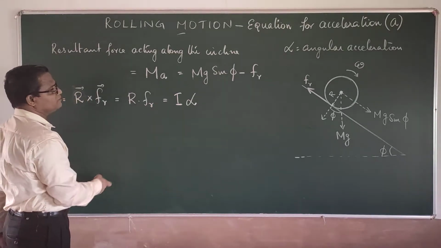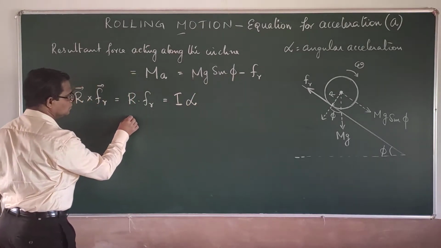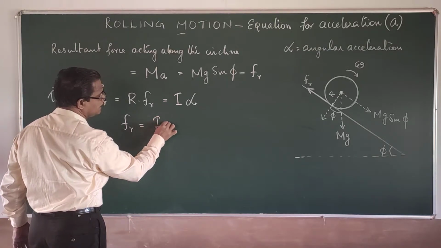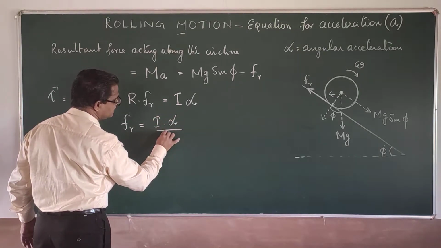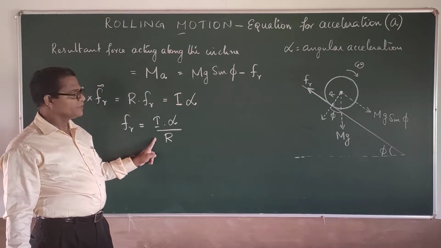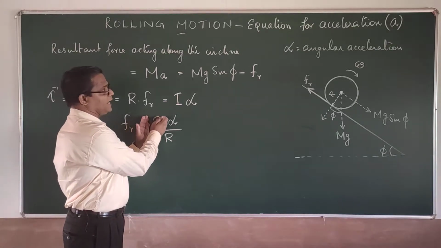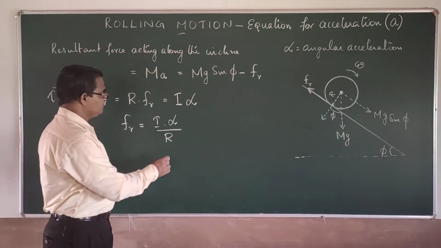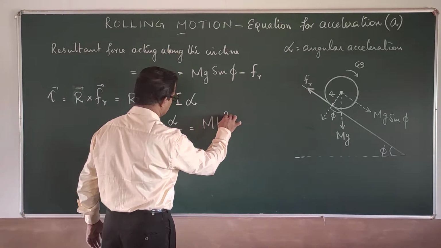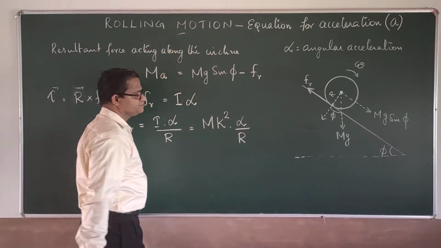And therefore, from this one, Fr will be equal to I into alpha divided by R. Okay? I into alpha divided by R. But what is this I? For that, we have taken I as m k square, into alpha by R.